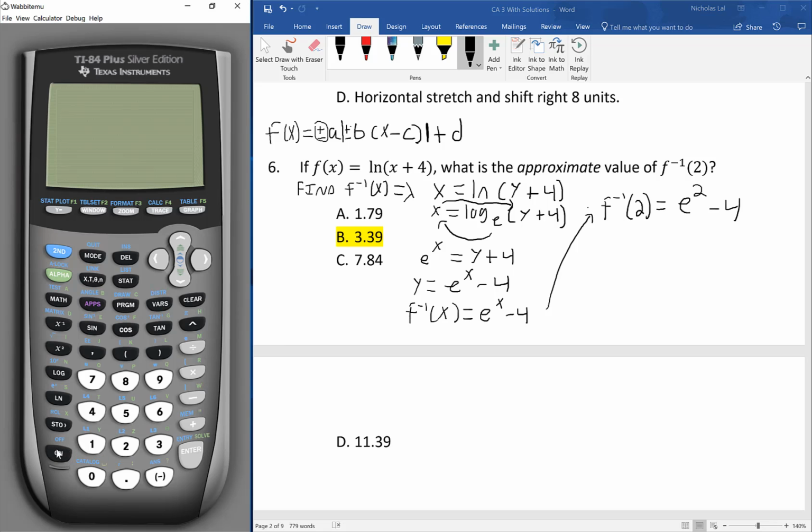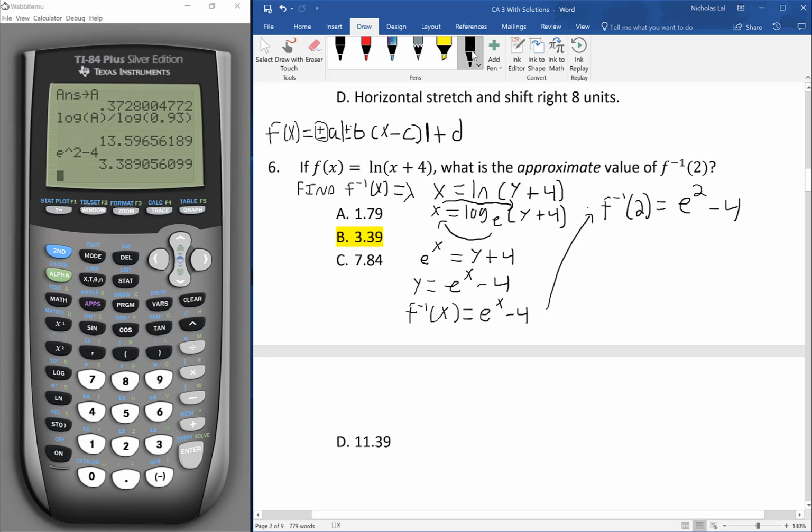So let's find, with our calculator, e to the 2nd power minus 4. That will give us 3.389, which is approximately 3.39, which gives us the answer 3.39. Great, moving on.